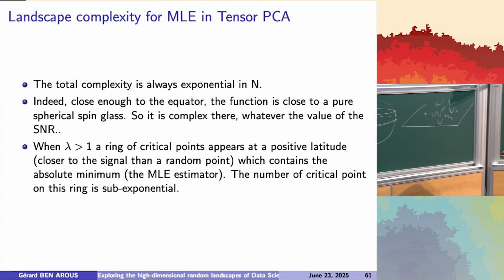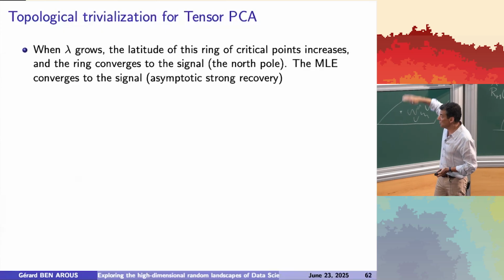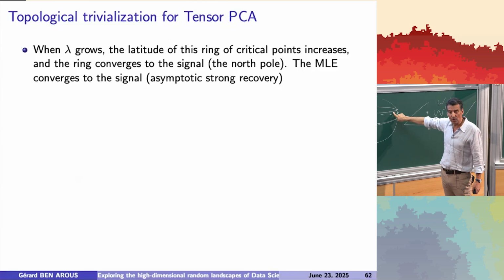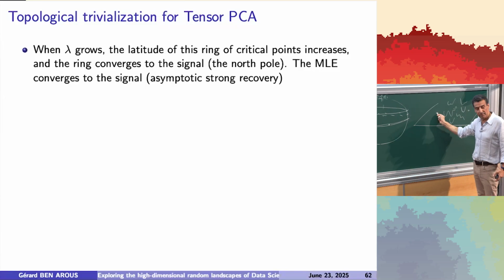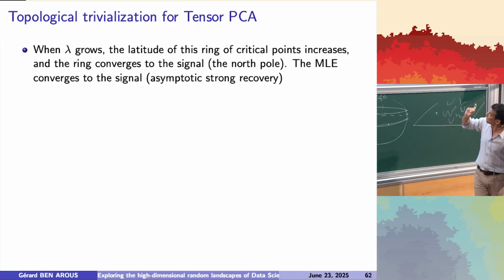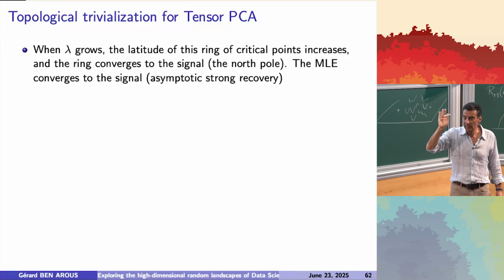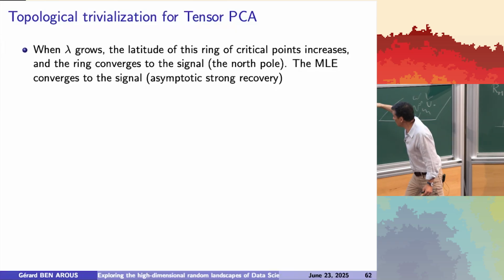That's the topology. When lambda grows, when the signal to noise grows, you have what is called topological trivialization, which means that the number of critical points that you have here, the important critical points, the ones that are close to the signal, becomes 1, right? And it's just the absolute minimum, the thing you want to find. So your landscape here becomes trivial.